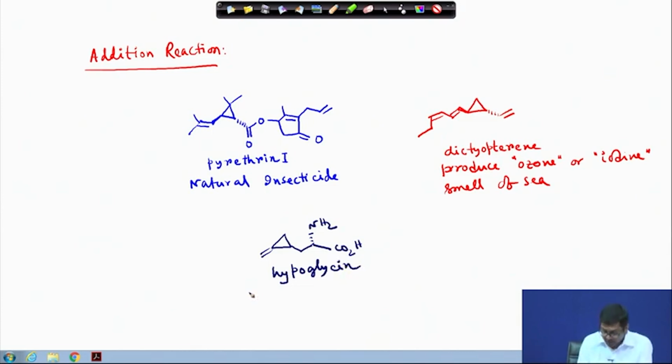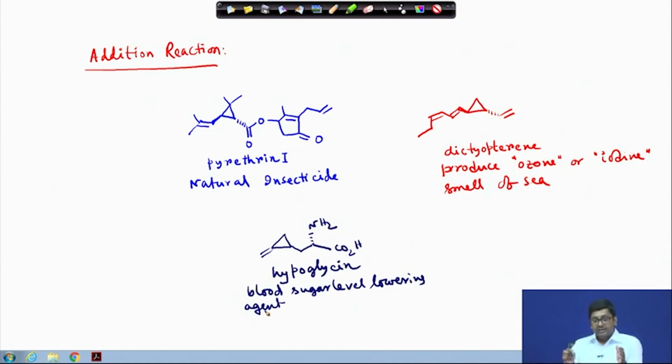So, how does it work? This works to lower the level of blood sugar. Okay. So, it is a blood sugar level lowering agent. Okay. And this has been isolated from the unripe fruit of the ackee tree.